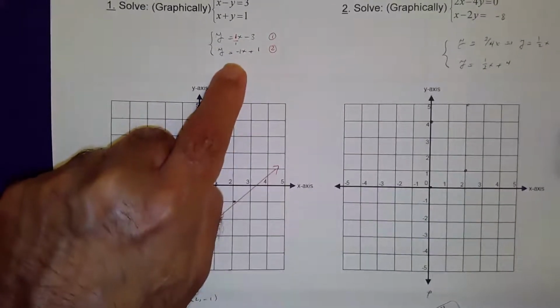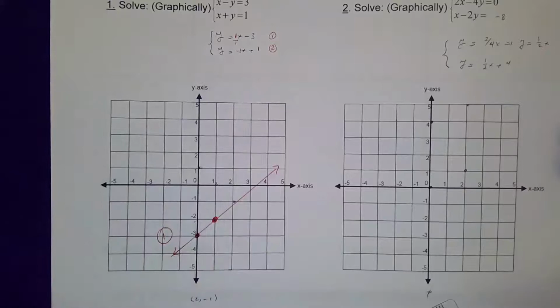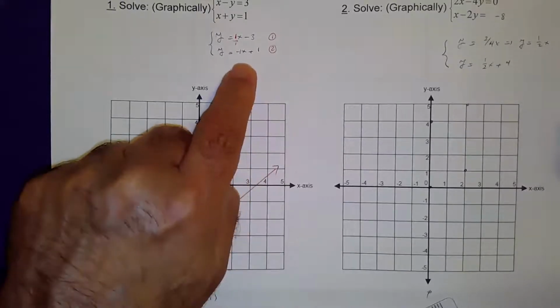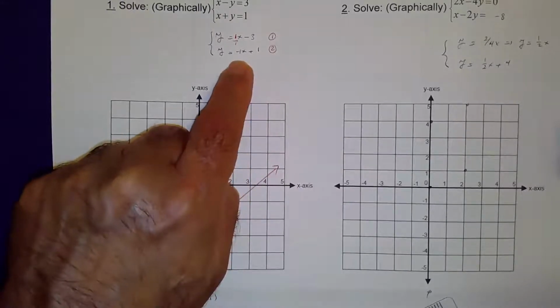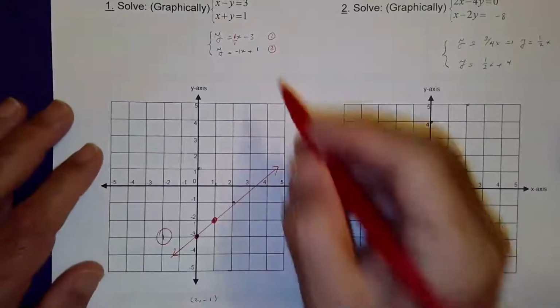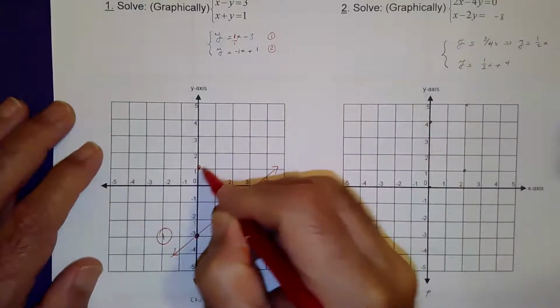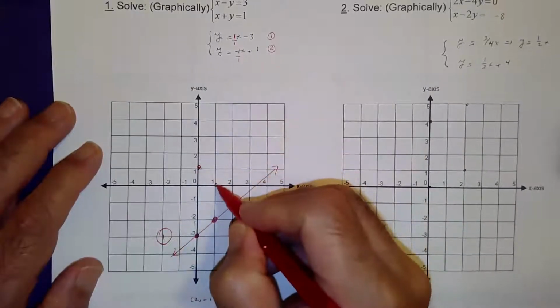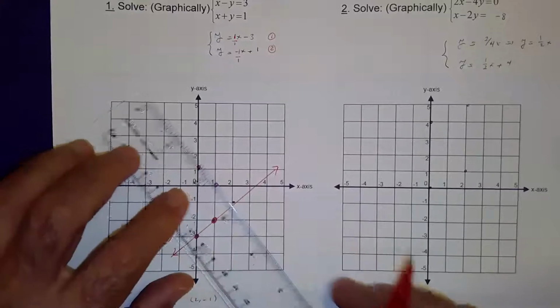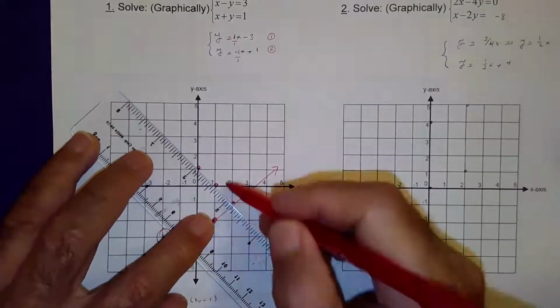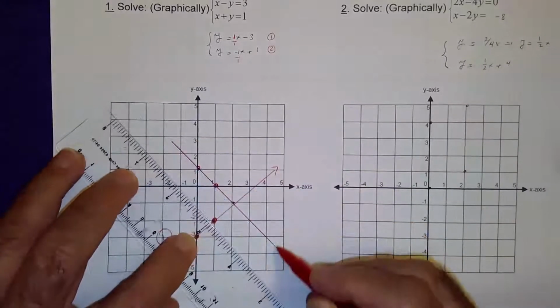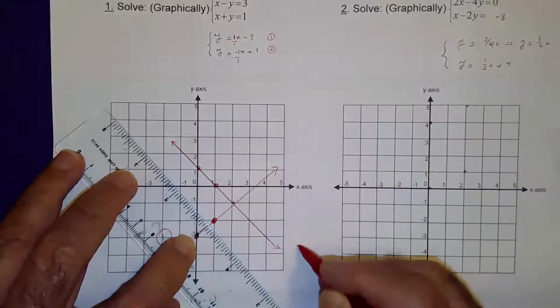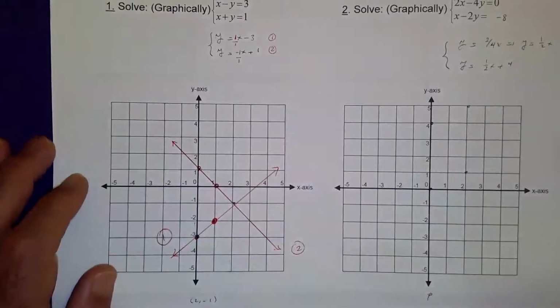I'm going to do a similar procedure to draw a picture of equation number 2. The y-intercept is 1, but the slope is -1, which means I have to go down 1 over 1. Now I connect the dots here, and lo and behold, this is the picture of equation number 2.